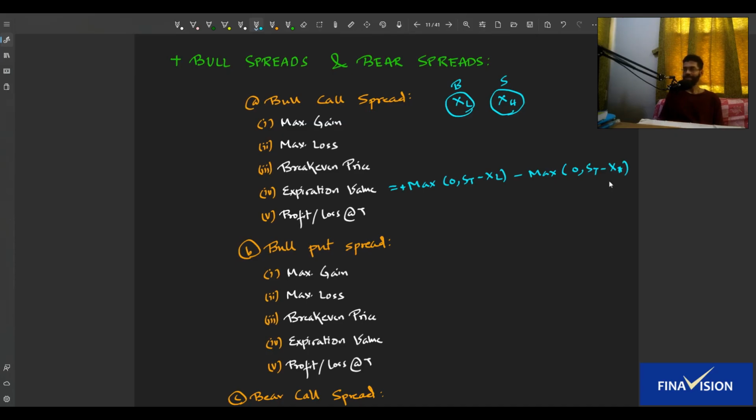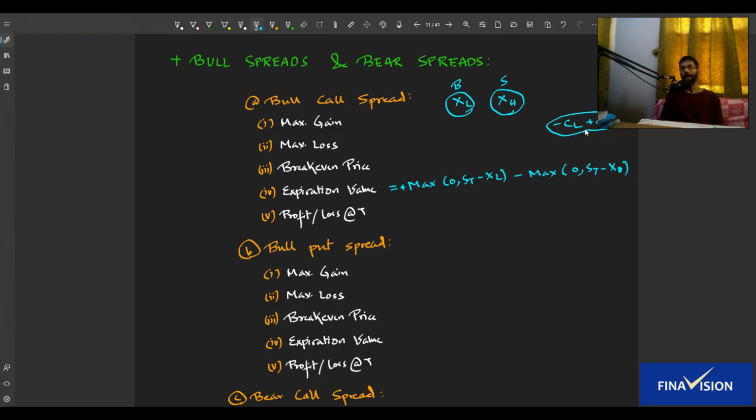Now, at initiation, what was the cash flow? At initiation, the cash flow was buying the lower strike price option, that is minus CL, and selling the higher strike price option, which is plus CH. This is the cash flow at initiation.